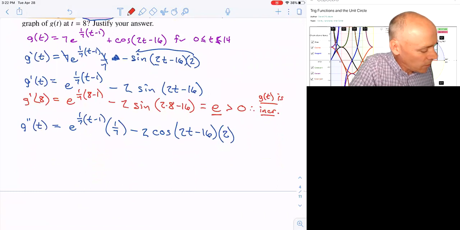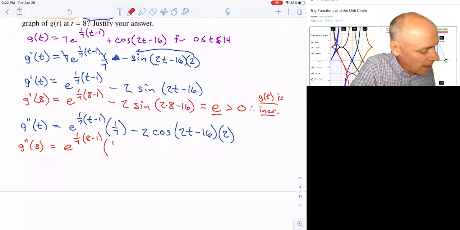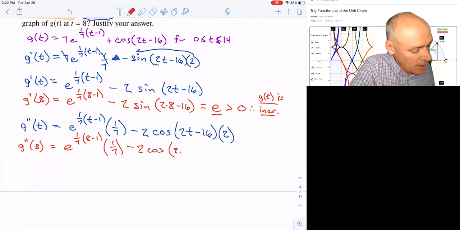So now I do g double prime at 8. That's equal to e to the 1/7 times 8 minus 1, times 1/7, minus 2 cosine of 2 times 8 minus 16, times 2.